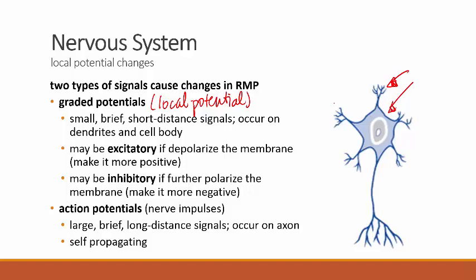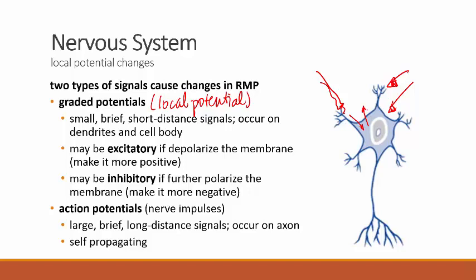So if an axon terminal comes up close to this dendrite and releases a neurotransmitter, then that neurotransmitter will open up a chemically gated channel that will allow sodium ions to flood into the cell, or perhaps it will allow potassium ions to leave the cell, causing either a depolarization or further polarization of the membrane.